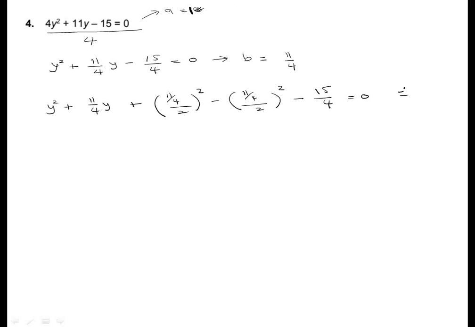This is step 1. And then we can take y from the y squared and then plus b over 2, so 11 over 4 over 2 squared, and then copy the rest of the equation.